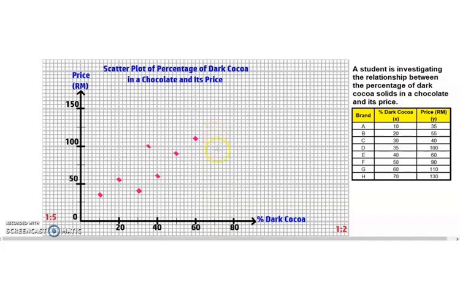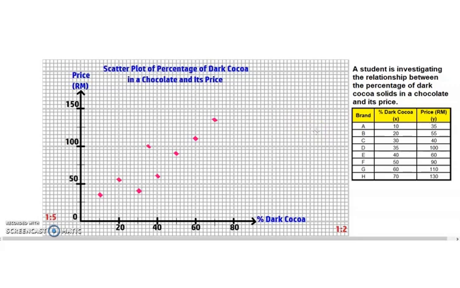So here, 70, 130 will be. Okay, so that's how you plot value x and y simultaneously.